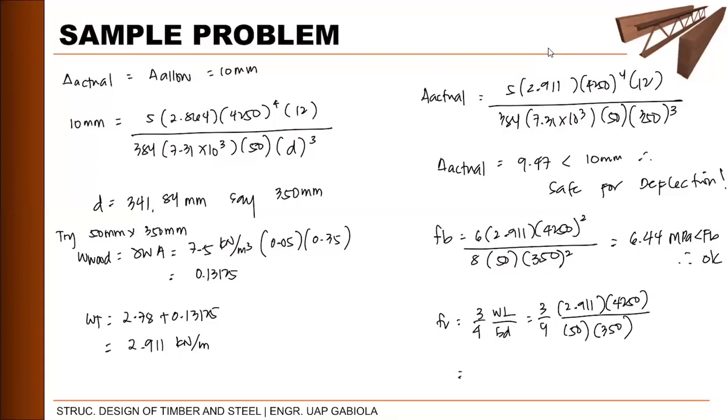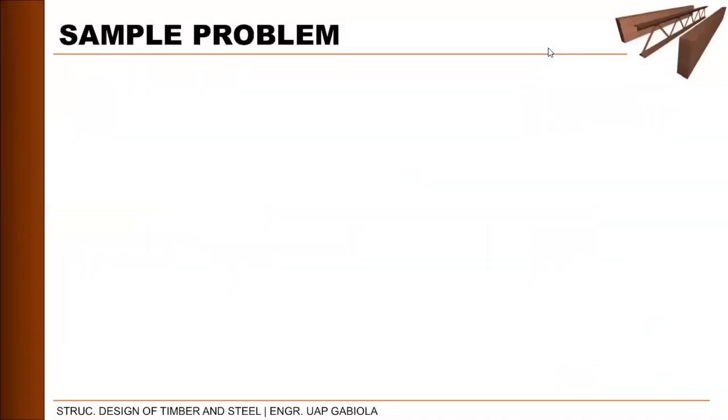We have 0.53 MPa, which is less than dun sa allowable shear natin. Therefore, okay. Okay? So, okay na tayo sa tatlong condition. Meron tayong deflection, sa flexure, sa shear. Ang kulang na lang natin is yung sa lateral stability.